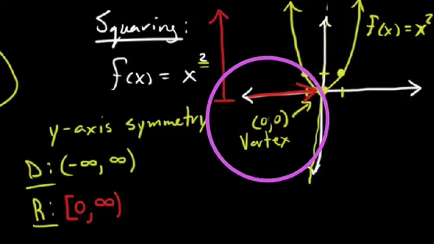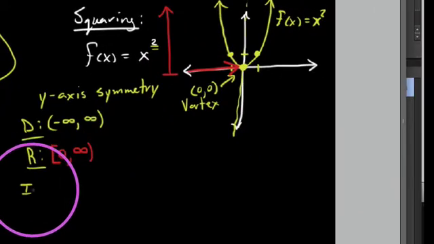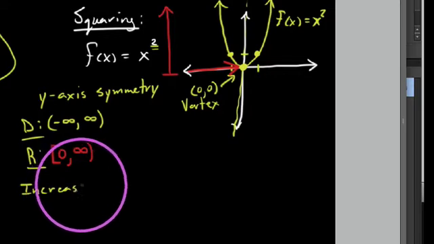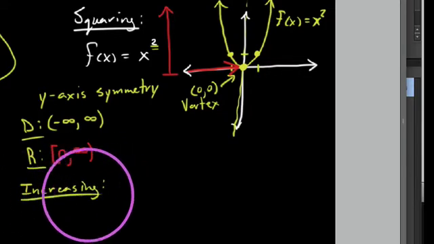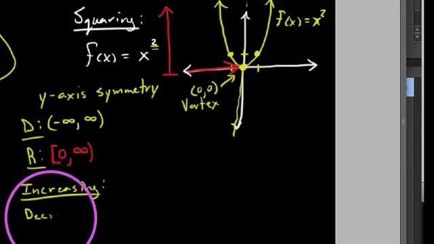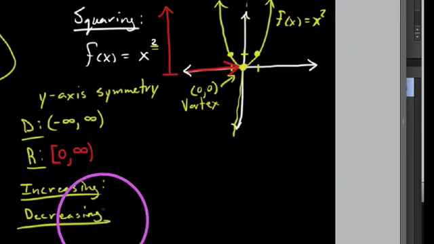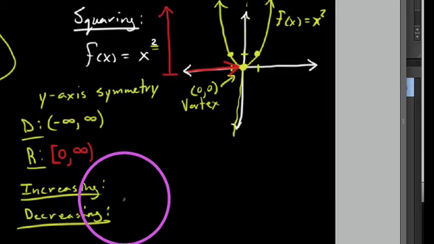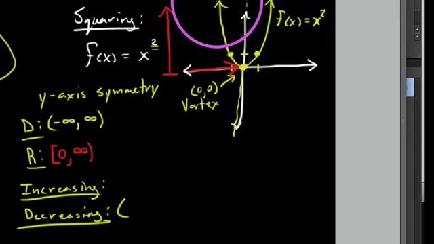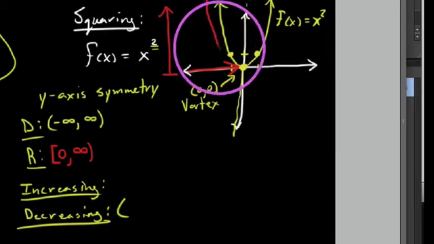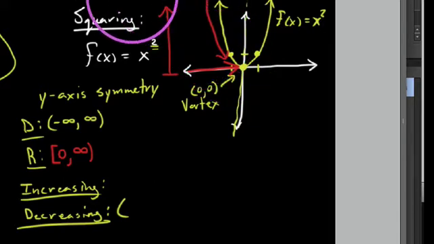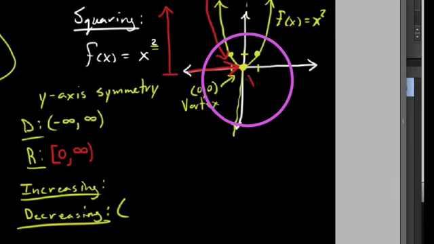Other things important to know. We say increasing, decreasing. Where is it increasing? Maybe I'm going to put decreasing on here as well. It's probably better to start with decreasing in this instance, because we want to know what are the x values for which this is decreasing. You'll notice our graph is decreasing from left to right, all the way from an x value of negative infinity up to this x value right here.